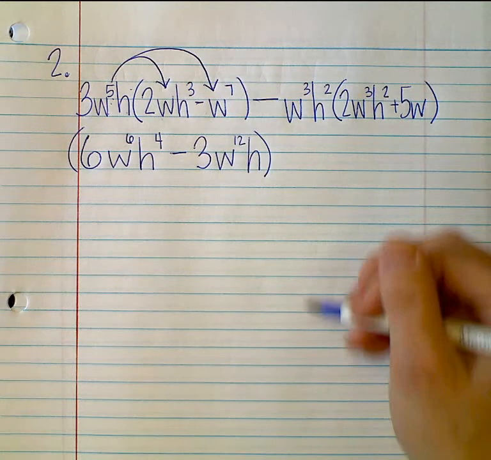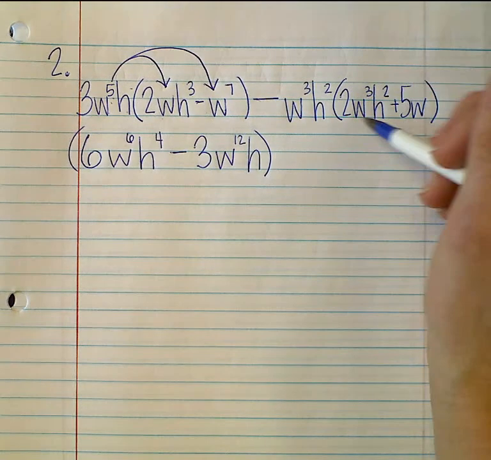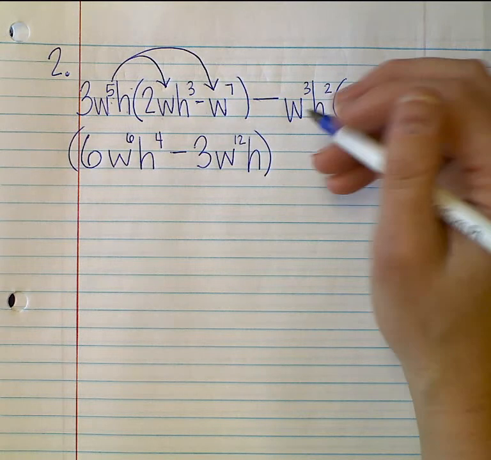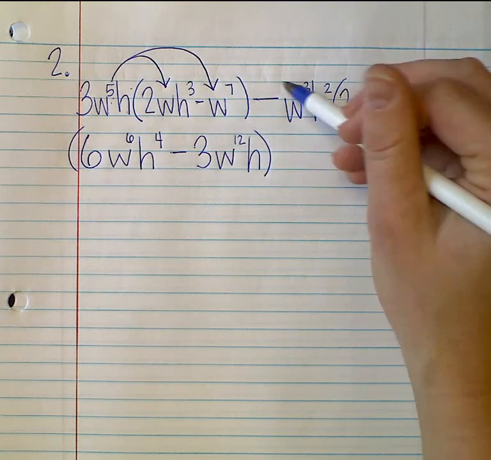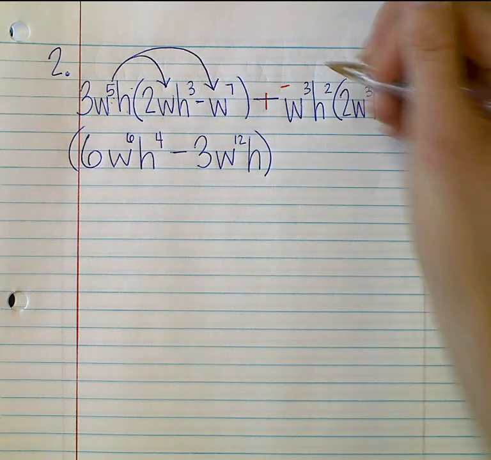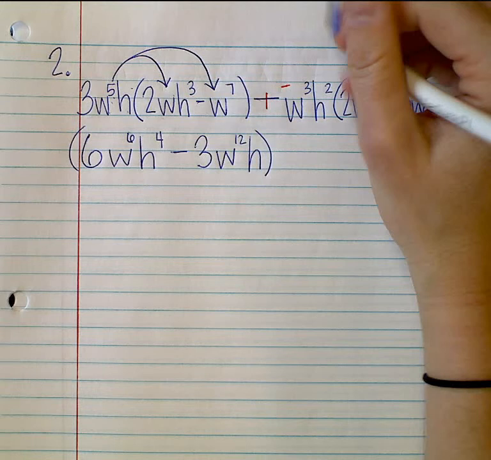Now we'll do the same thing with w to the 3rd power h squared. We'll consider this to be a negative w cubed h squared. If we keep change opposite, we'll see that. So we'll distribute this into our parentheses.